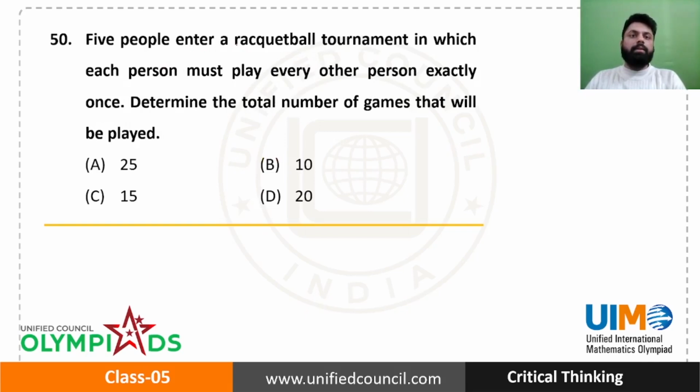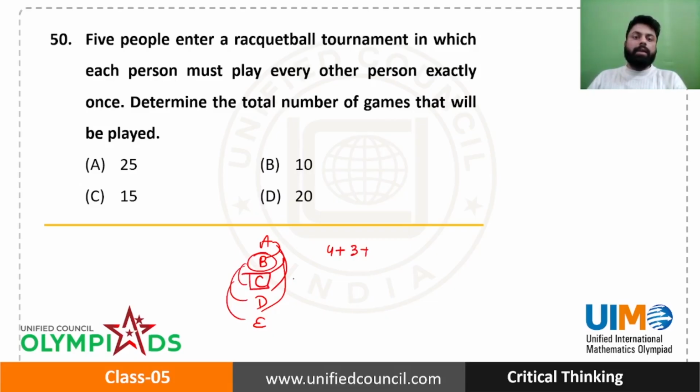5 people enter a racquetball tournament in which each person must play each other person exactly once. Determine the total number of games. So let's say A, B, C, D, E, 5 persons. A is going to play with all 4 of them, so 4. Now B has already played with A, so 3 games.